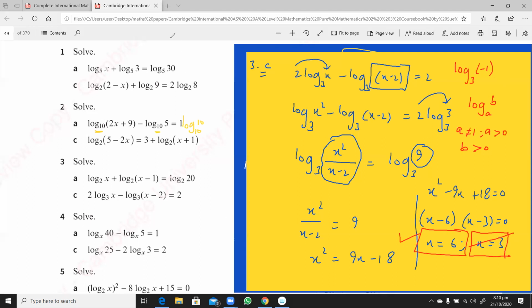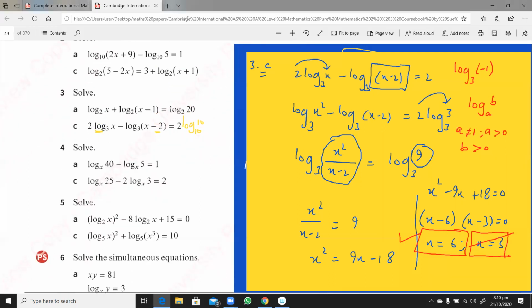Okay? And similarly, if I take you to, let's say, question number 5, you see that you will have to go for some substitutions. Like you see here, you will have to substitute this log to the base 2x as maybe y. So this will become y square minus 8y plus 15 equal to 0.